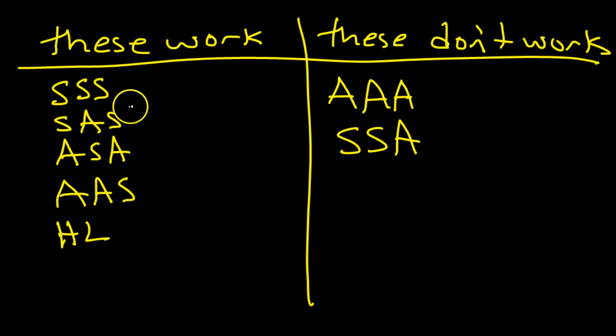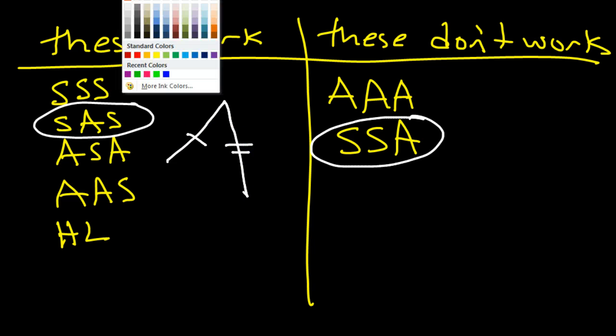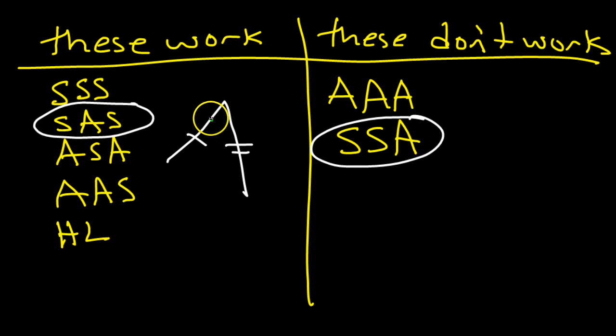2 sides and an angle could be side angle side or side side angle, right? This one works, this one doesn't work. How do I know the difference? They both involve 2 sides and an angle. Well, if it's going to be side angle side, it has to be 2 sides and the angle in the middle. In other words, 2 sides, like take this for example, but then it has to be the angle in the middle that you're working with.